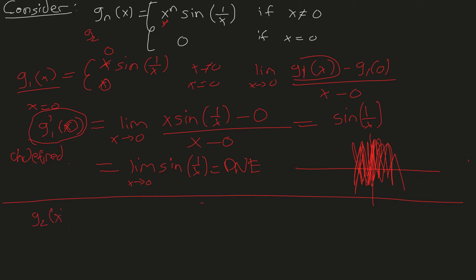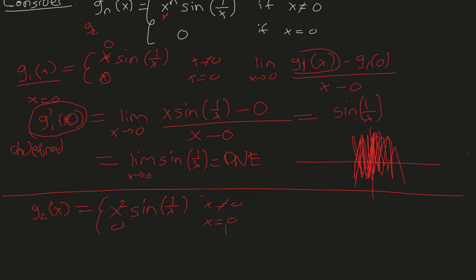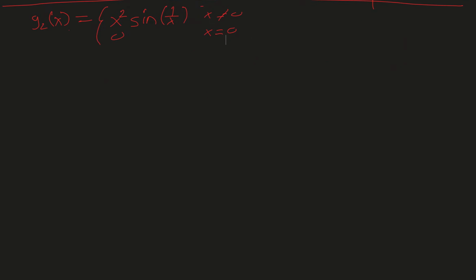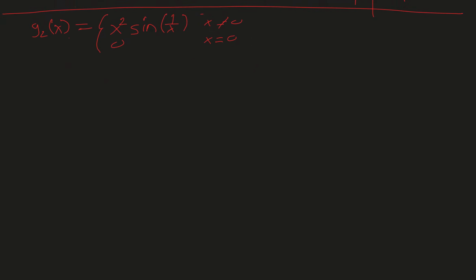So g2 of x is simply x squared sin(1/x), and then 0. Let's see if the derivative exists for g2 of x. Okay, so we'll again follow the same template.